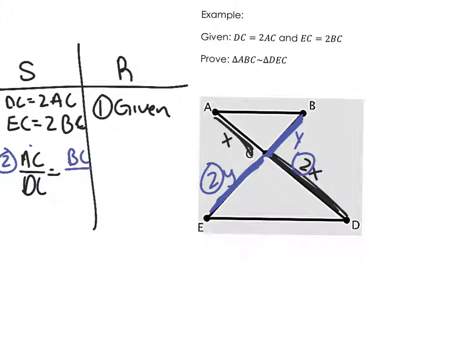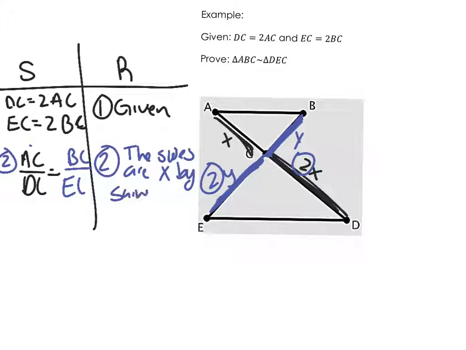BC over EC. And my reason is they're multiplied by the same scale factor, so these sides are proportional. They're multiplied by the same scale factor of 2.